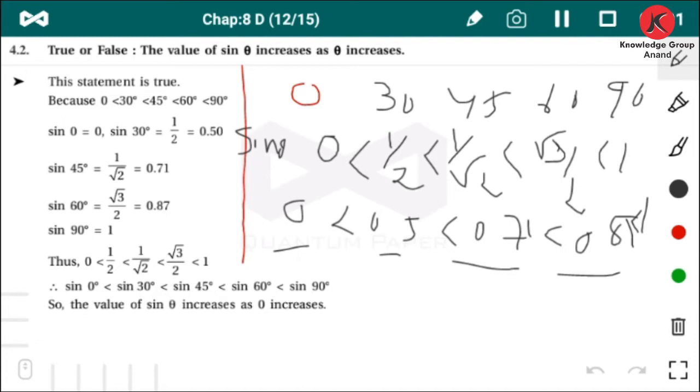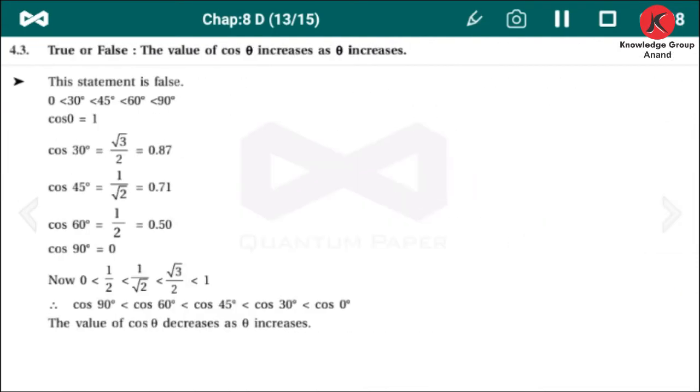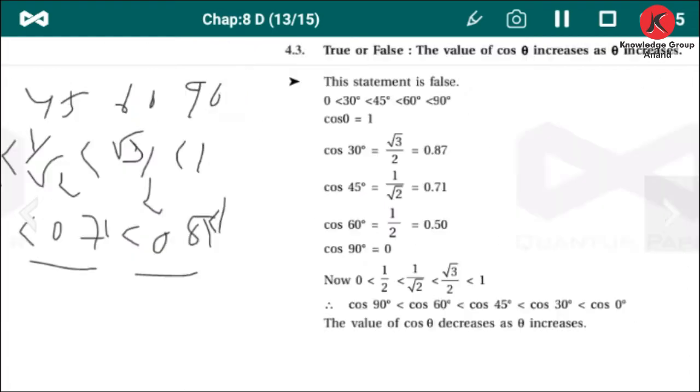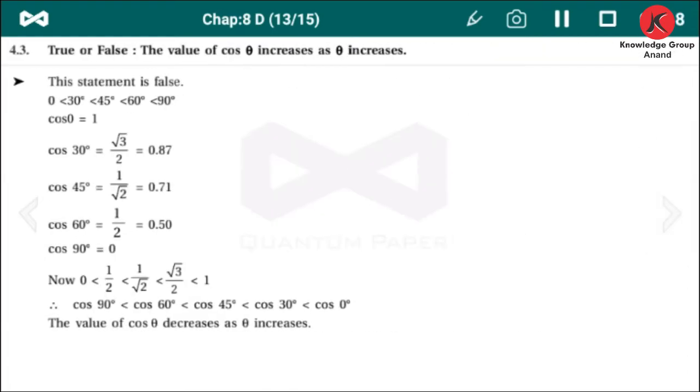Now, number third. True or false? The value of cos theta increases as theta increases.